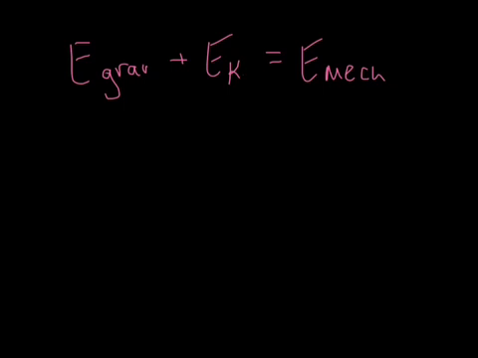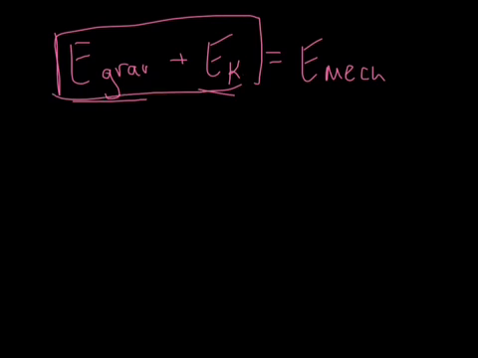In this little screencast, we're going to talk about gravitational potential energy and kinetic energy as they relate to mechanical energy. Now, mechanical energy is gravitational potential energy plus kinetic energy. So the total kinetic energy and gravitational potential energy end up being called mechanical energy.